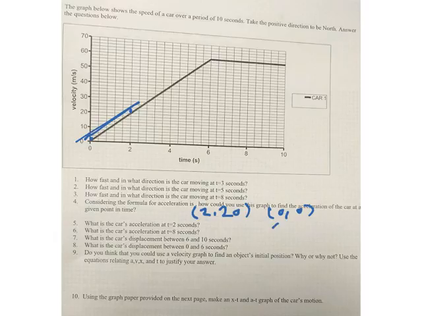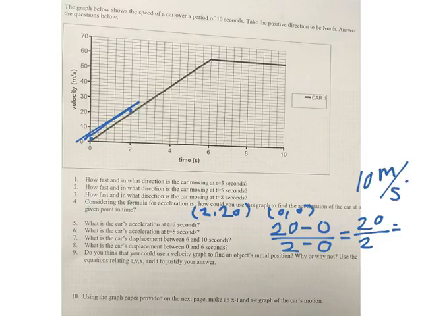So it's going to be your final y minus your initial y over your final x minus your initial x, which would just give us 20 over 2, which simplifies to 10, and keep your units, meters per second squared. Remember, there's a seconds down here, and this is meters per second.